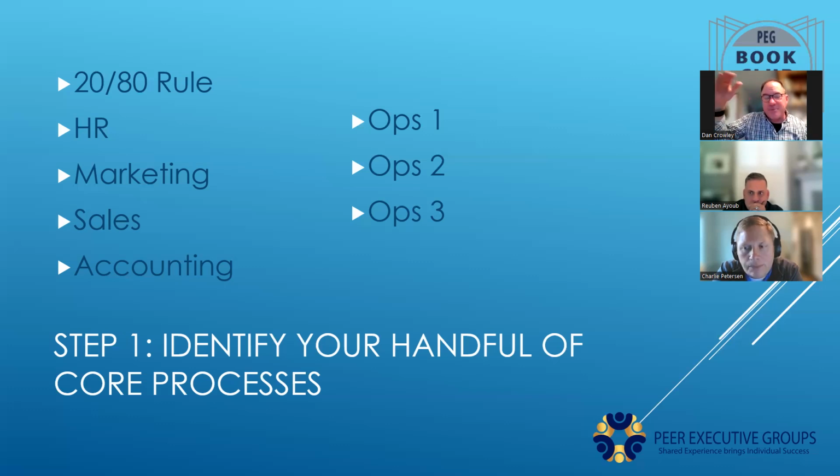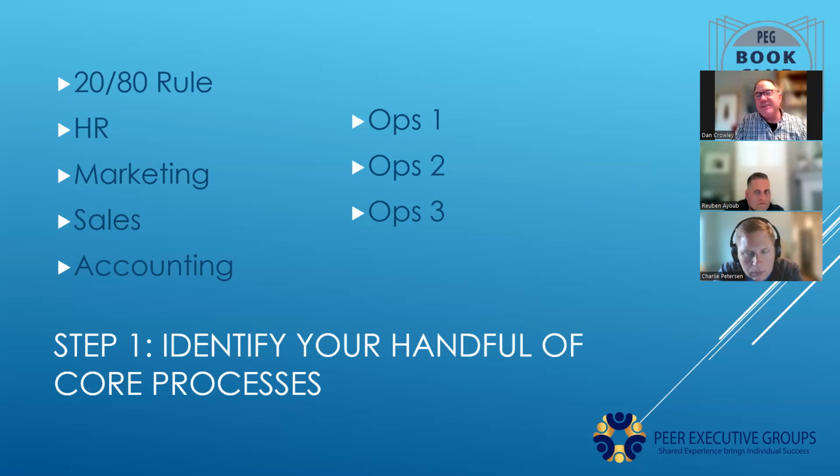And that becomes your Ops 1, Ops 2, Ops 3. So if I want to have the best event rental company in the world, I would be focusing on the customer experience, but then break it into the three ops, like installation, job costing, whatever you want to build into that first process you're going to document.